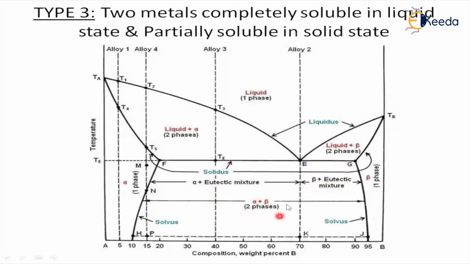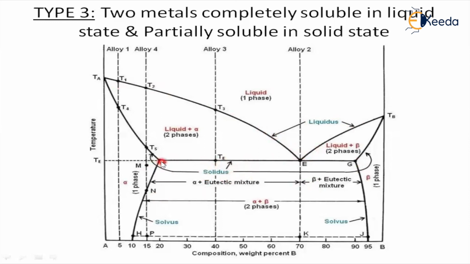Both alpha plus beta phases exist, but on the left side of the region, along with eutectic mixture, alpha percentage is more. On the right side of the portion, along with eutectic mixture, beta percentage is more. And next one, this is the liquidus line, and this is the solidus line, that is F, E, and G. F, E, G is represented as the solidus line.